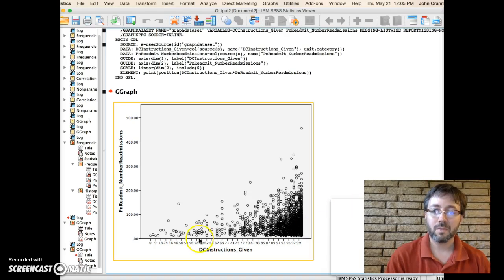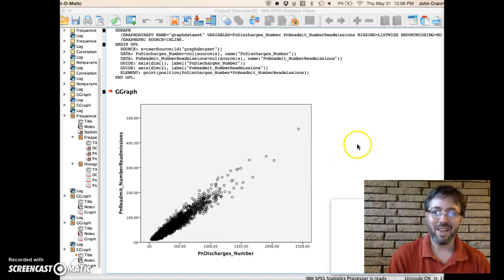Oh, technical difficulty. Let me repopulate the variables. Okay, here we have the correct scatter plot. On the bottom we have the number of pneumonia discharges and the number of pneumonia readmissions on the y-axis. In some ways we're not profoundly surprised that the more pneumonia discharges you have, the more pneumonia readmissions you have. That's a relatively intuitive relationship.